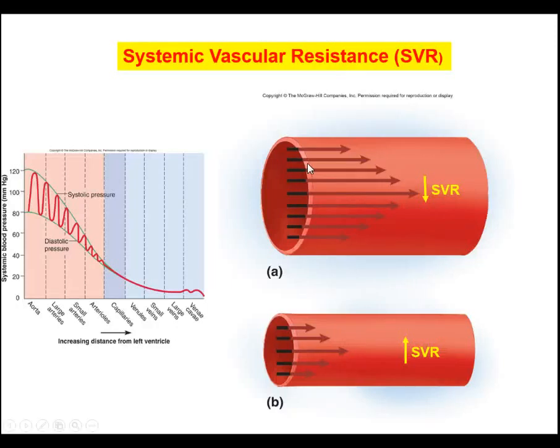So increasing the lumen size of the vessels will decrease our systemic vascular resistance, the resistance offered systemically by the vessels. Okay, but vasoconstriction would increase that systemic vascular resistance, and if we're increasing our cardiac output, that would lead to an increase in blood pressure.